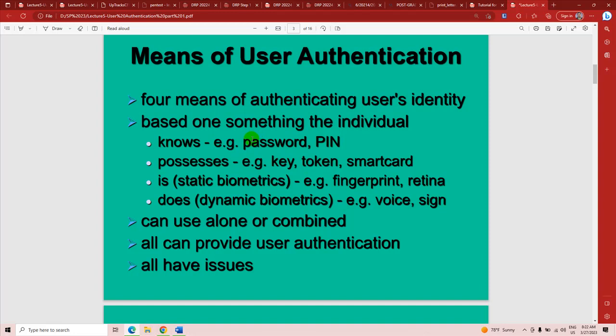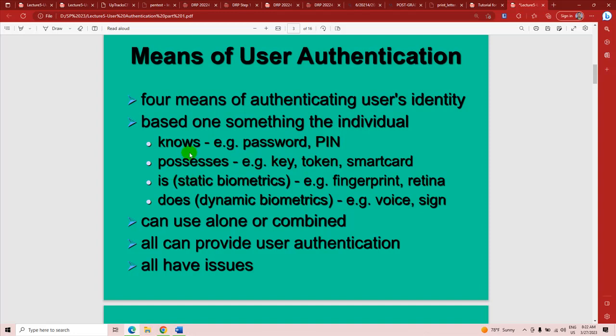So these different kinds of identities which are authenticated can be used alone or in combination.